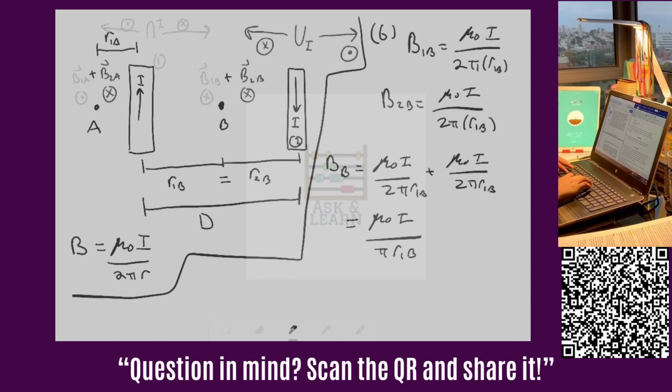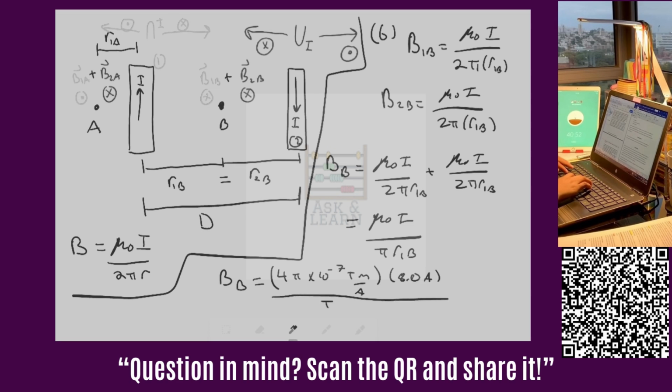Plug all these things in, and then the magnetic field at location B is going to be equal to 4 pi times 10 to the negative 7 Tesla meters per amp, multiplied by the current going through the wires, 8 amps.